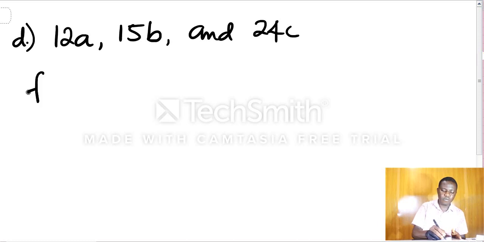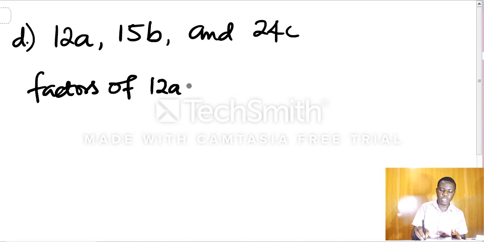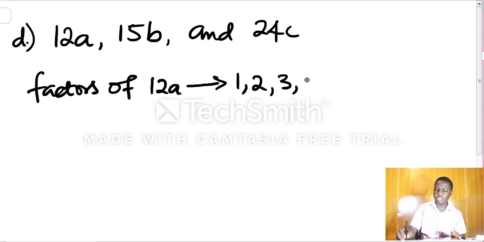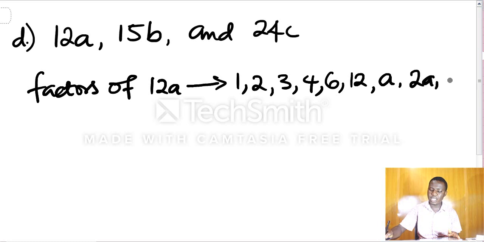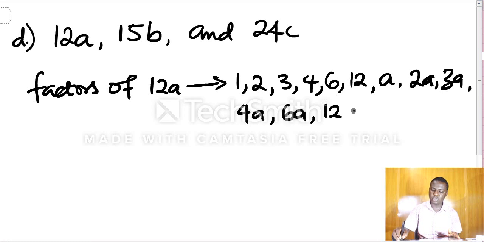The factors of 12a include 1, 2, 3, 4, 6, and 12 for the number. Then we have a to be common. So as a multiple we have 2a, 3a, 4a, 6a, and 12a to be common.